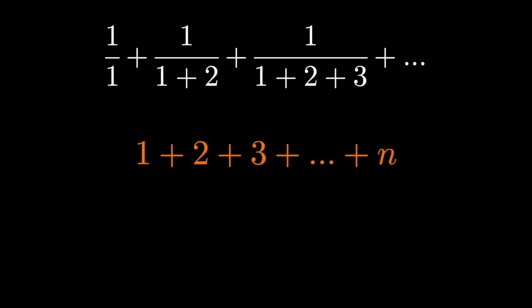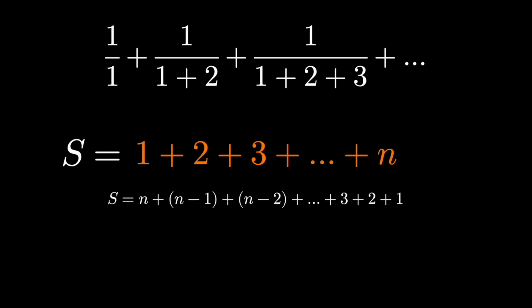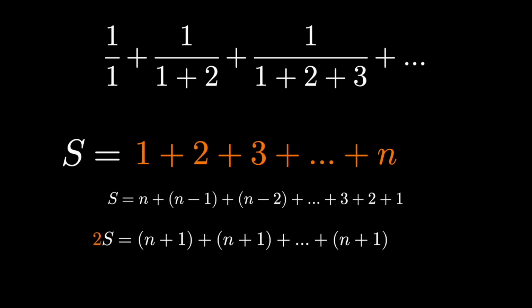We can solve this pretty quickly using induction, or more simply, write this sum as s backwards. Add it to itself, so we get 2s, and the way things pair up is very nice since we get n plus 1 n times, since there were n terms. So we can solve for this sum by dividing by 2. S is just n times n plus 1 over 2.